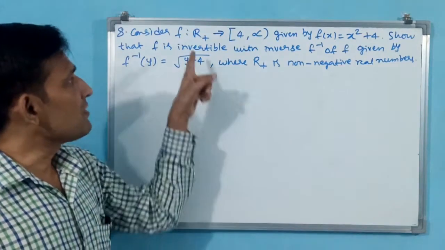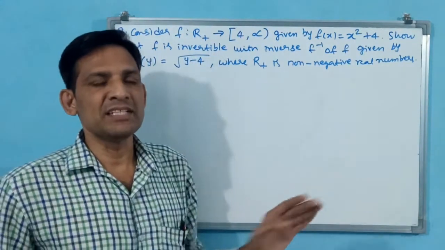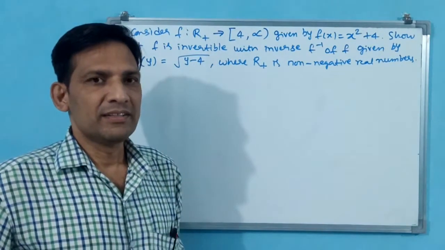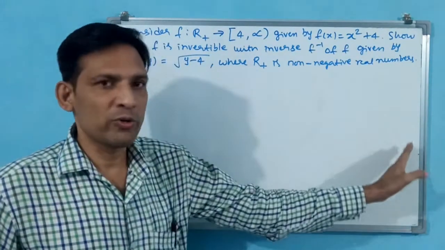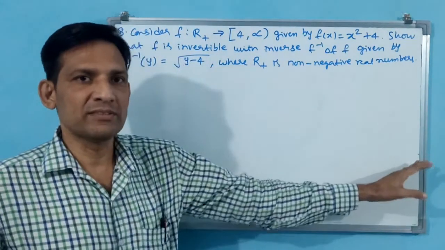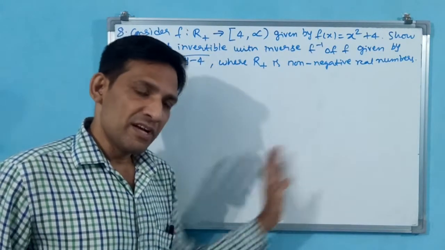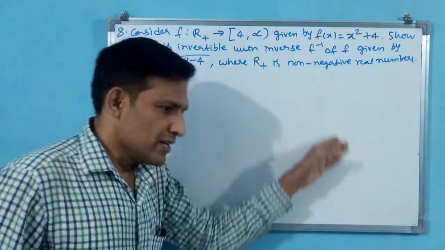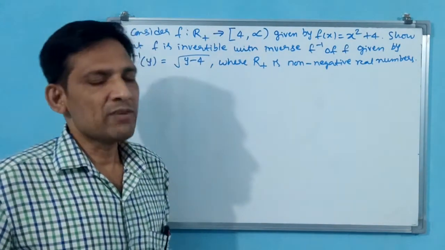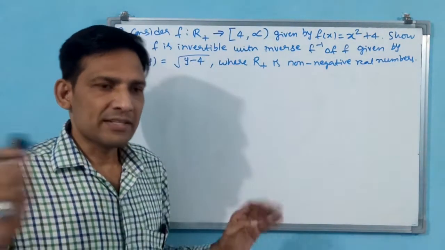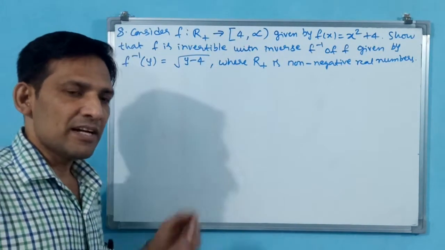Earlier it was not 1-1 because minus also gives plus, plus also gives plus. Many-one is coming, and all minus numbers are left out, so it is not onto, not bijective, and not invertible.